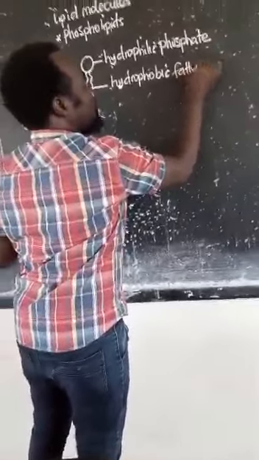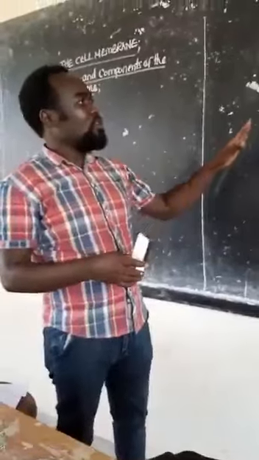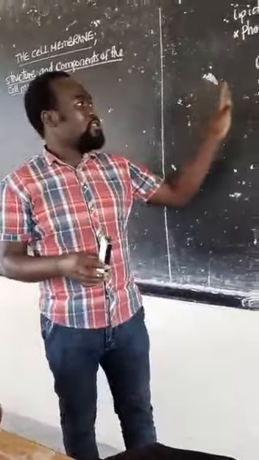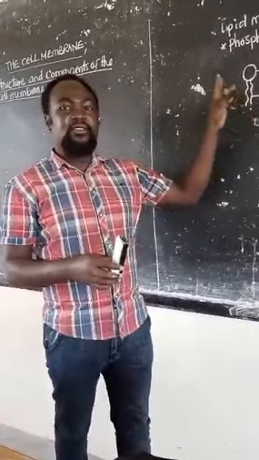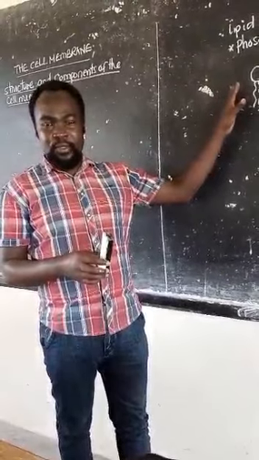You can say hydrophobic fatty acid tail. So therefore, this is the unit of the structure of a cell membrane.